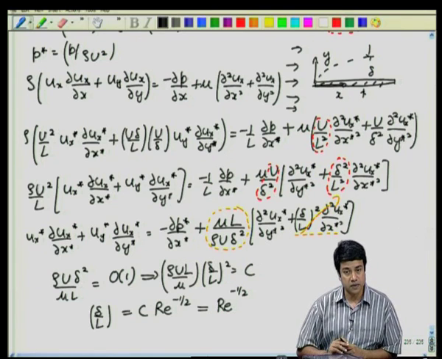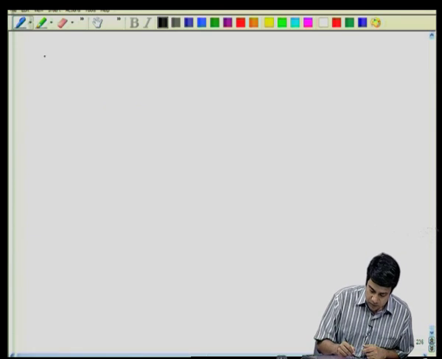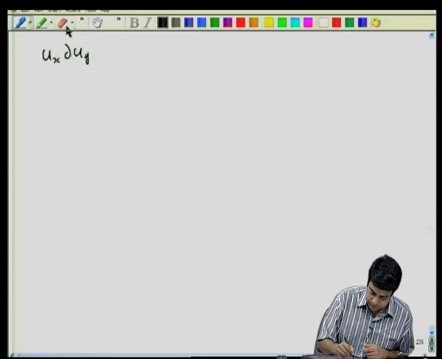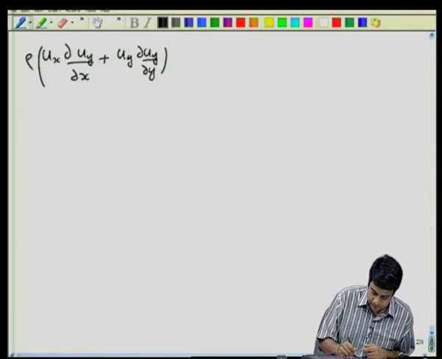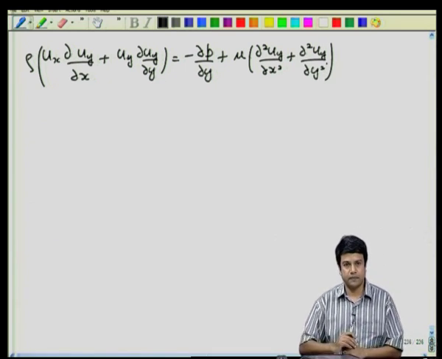So, this was for the x momentum conservation equation. Next, we go on to the y momentum conservation equation. The y momentum conservation equation is ux partial uy by partial x plus uy partial uy by partial y, times rho, is equal to minus partial p by partial y plus mu times the Laplacian of uy.